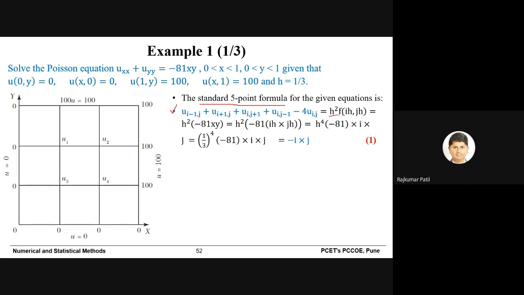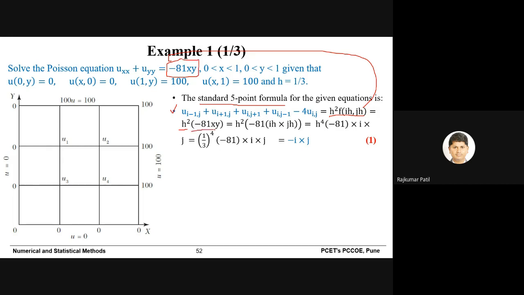So this is the term on the right side, so that we can simplify, where h squared we will keep as it is, but we know that f(ih, jh) is equivalent to this, minus 81xy, that is f(x,y).